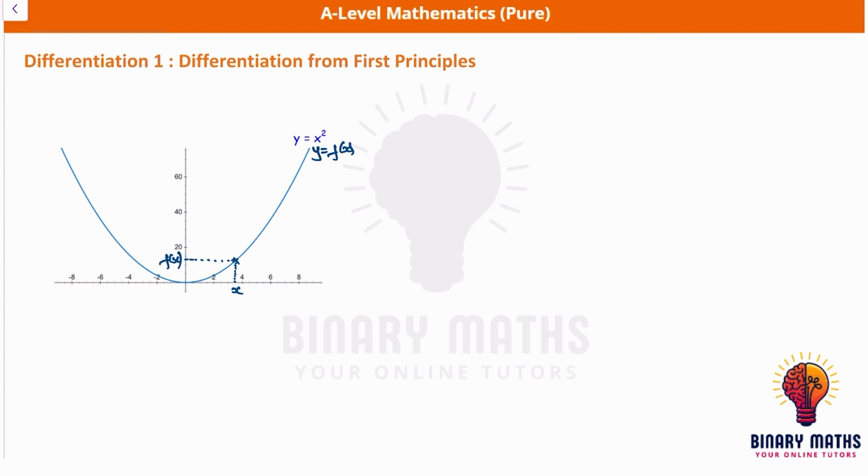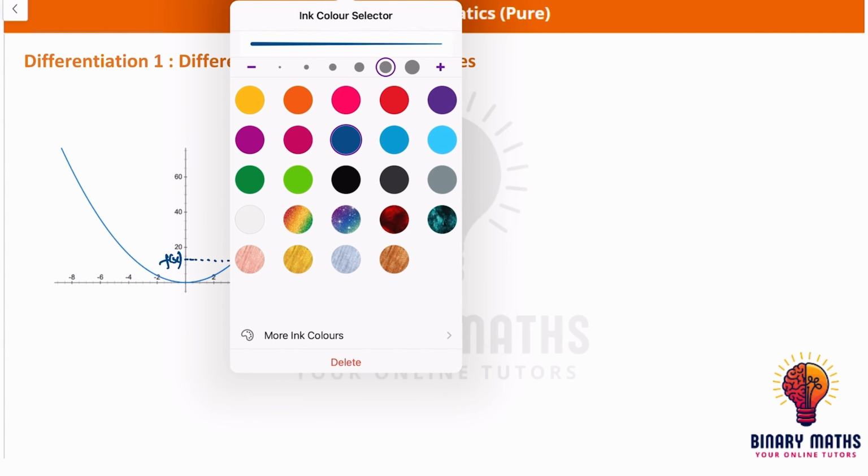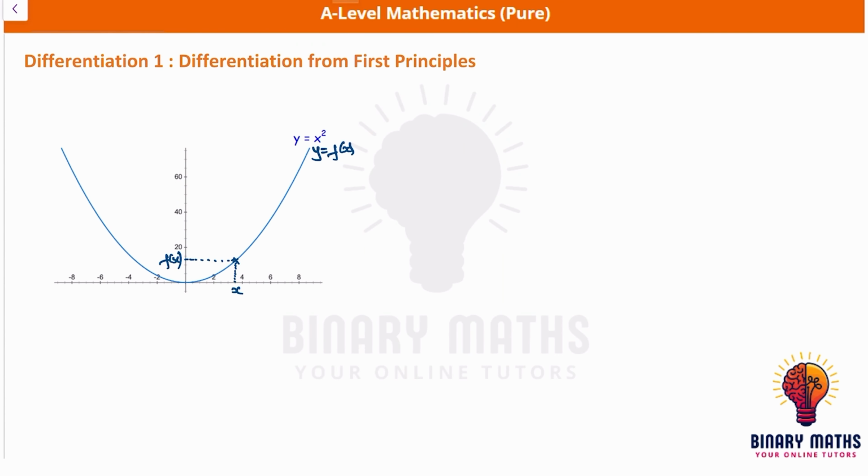So I want to find the gradient of the tangent on the curve at the point x, which means I need to draw a tangent to the curve at the point x. So if I were to draw a tangent, this is my actual gradient function. So this will help me to find the gradient of any point on my curve f of x.